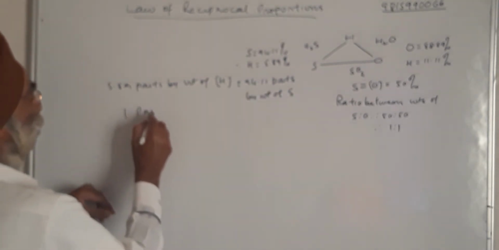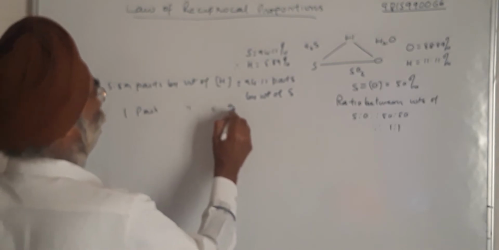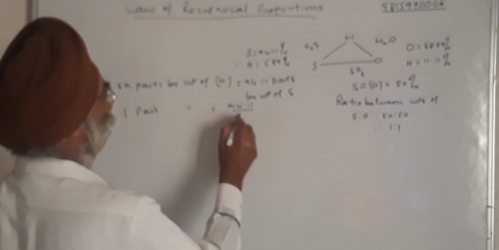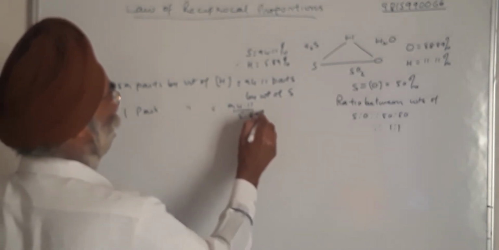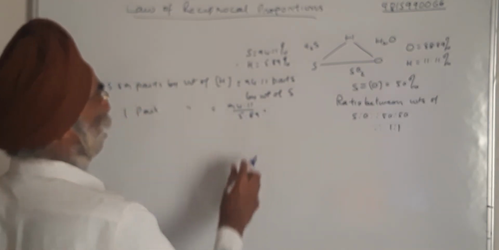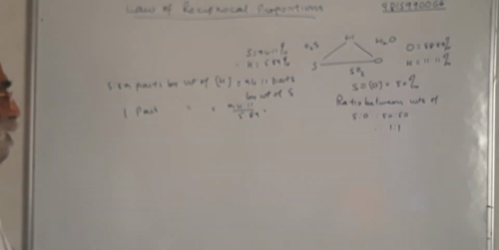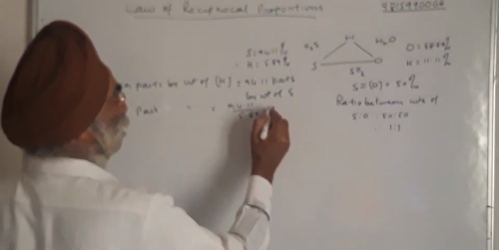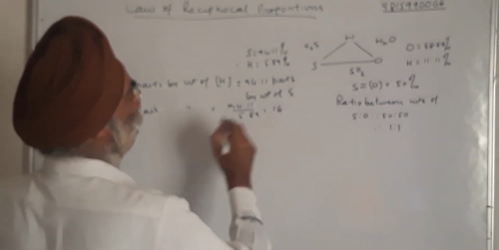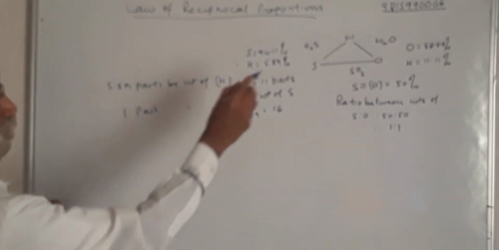So 1 part by weight of hydrogen combines with 94.11 over 5.89. It is approximately 16. We can make it a near whole number.